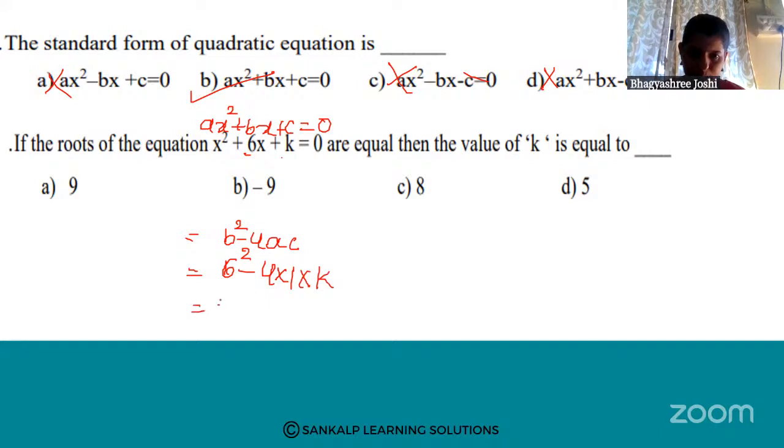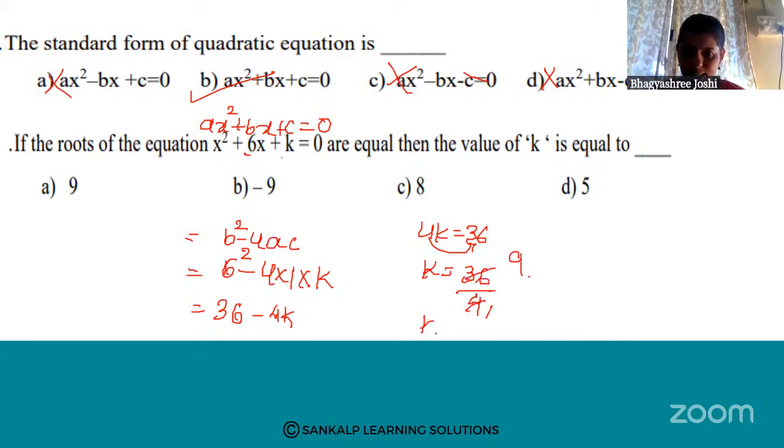So 6 square minus 4 into 1 into k. 6 square is 36, minus 4k. If you transfer 4k to this side, then 4k is equal to 36. k is equal to 36 divided by 4, 4 nines are 36. That means k is equal to 9. So option A is right.